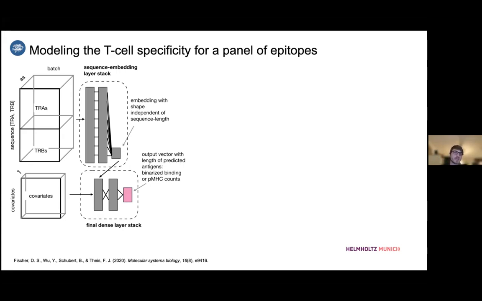And then we have a multitask output here representing each individual epitope that was part of our experiment. The task here is then to predict for an unknown T cell receptor whether it can recognize any of the epitopes that we're specifically and explicitly modeling here.